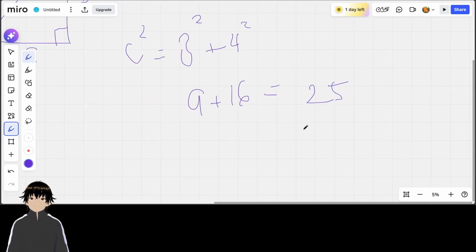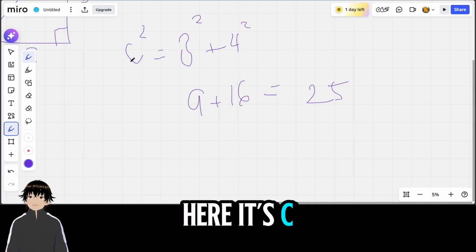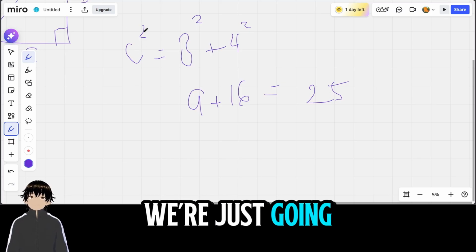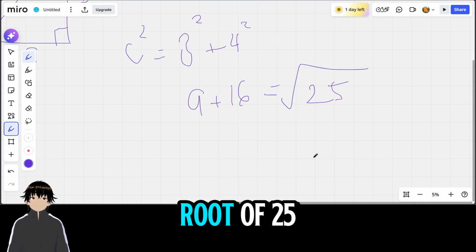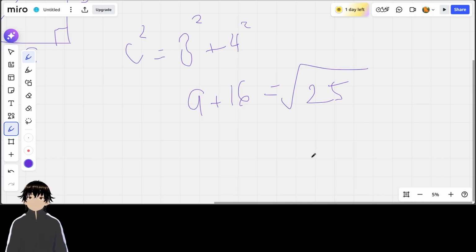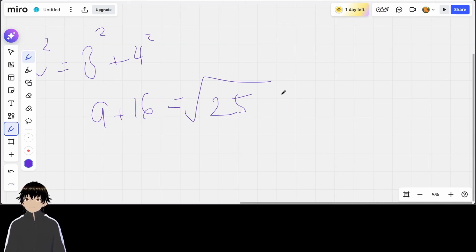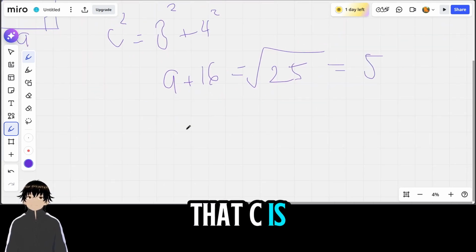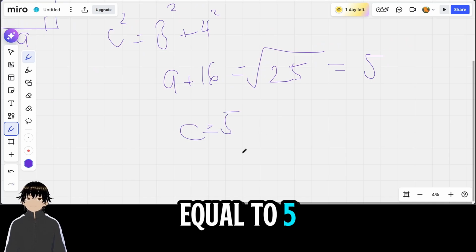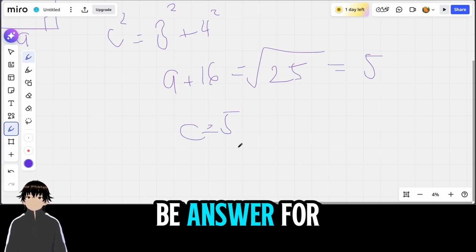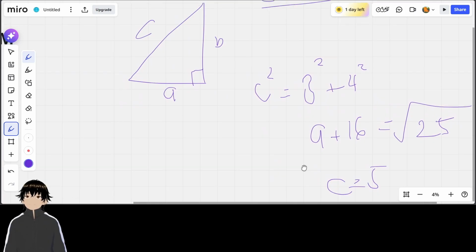Now, since it says here it's c squared, we're just going to have to get the square root of 25. What is the square root of 25? It's just going to be 5. So we know that c is equal to 5. That's going to be our answer for the hypotenuse.